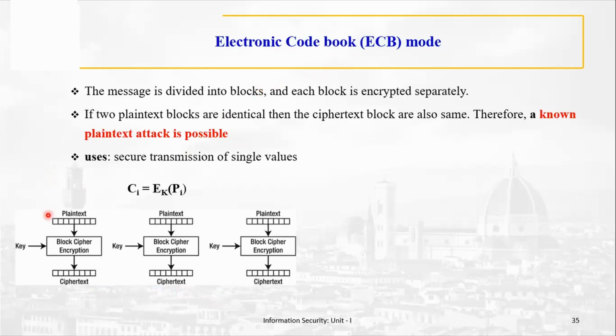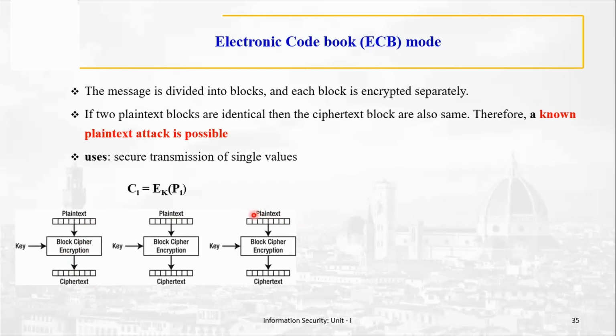In electronic code book, let's say you are designing some encryption algorithm. It's a very simple thing. You give the block of plain text to that algorithm, you use some key, and you produce a ciphertext. This process has to be repeated for all the blocks you are preparing.